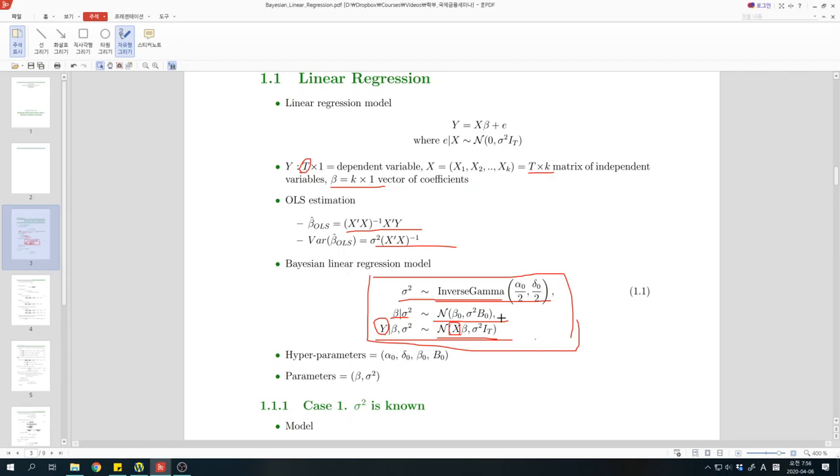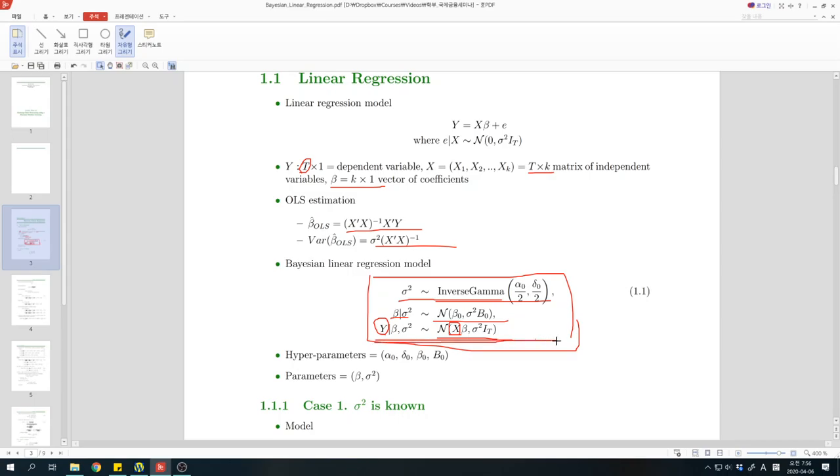That's why these parameters are not random variables, and to distinguish them from sigma square and beta, we call them hyperparameters. Beta and sigma square are just model parameters. And x we also assume is purely exogenous, not a random variable either. That's why there is no conditioning on hyperparameters and exogenous variables.